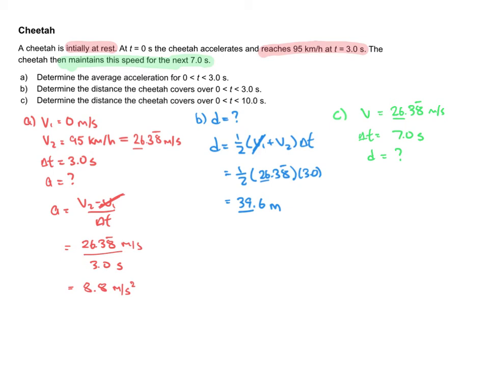The heading for what I'm calculating right now is the distance for the interval from 3 to 10 seconds. Okay, so right now I'm finding the distance for those final 7 seconds. I'm going to add that to the answer from part B, which was for the first 3 seconds.